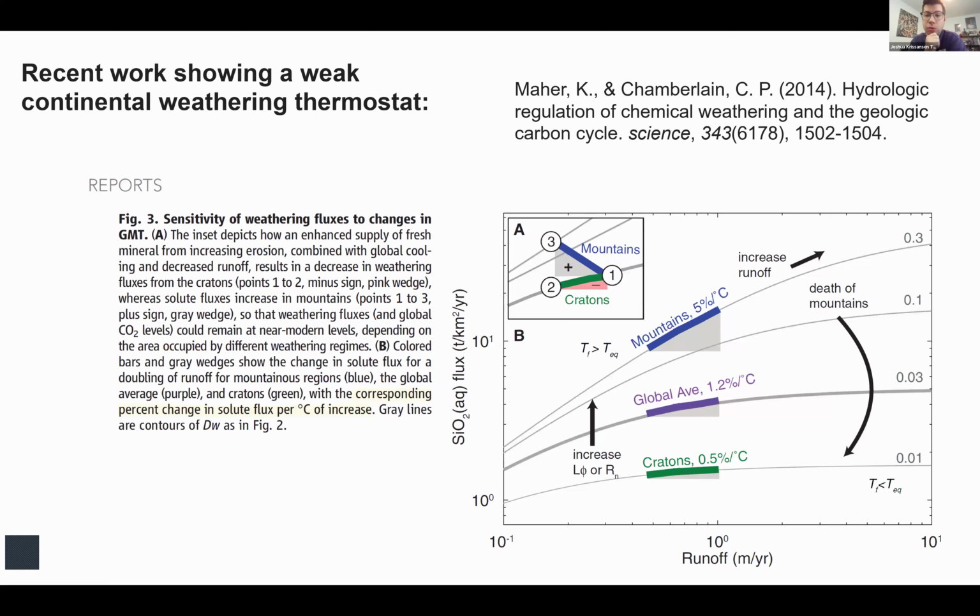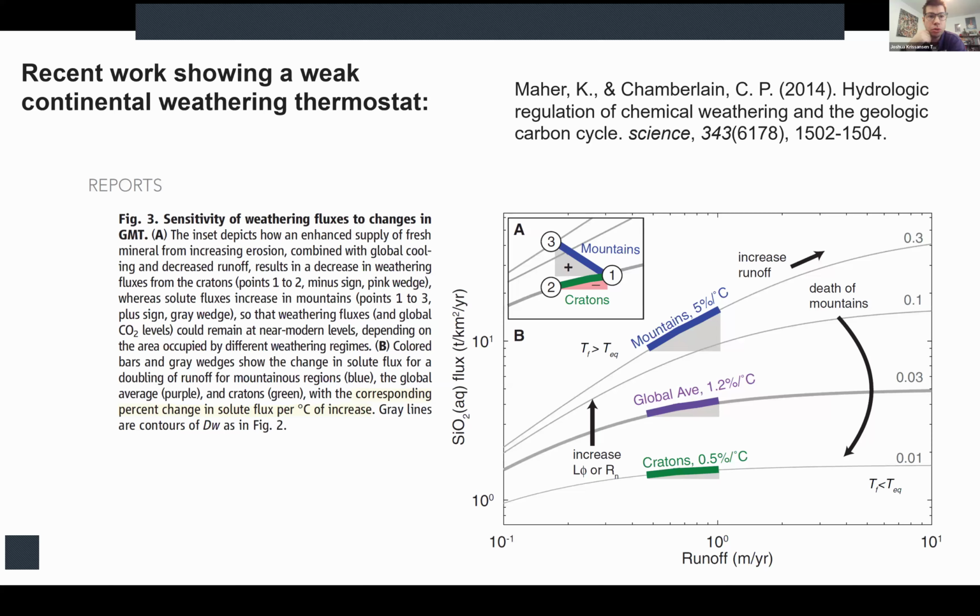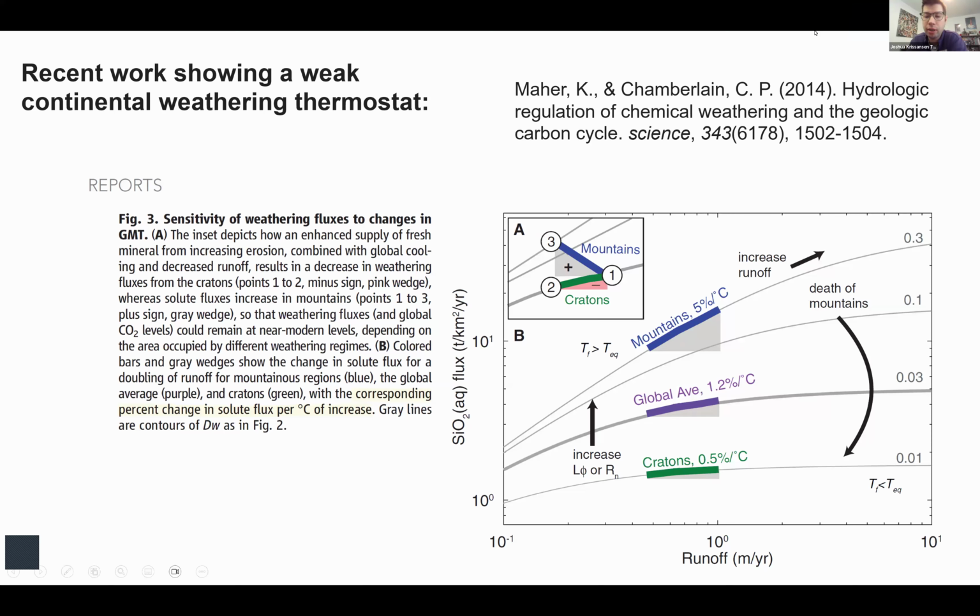Preceding all of this was this Marin Chamberlain modeling paper that applied reaction transport models to weathering, and the takeaway is similar: for the global average, the response in the weathering flux to a given change of temperature is fairly modest.